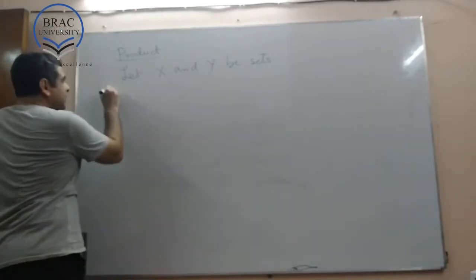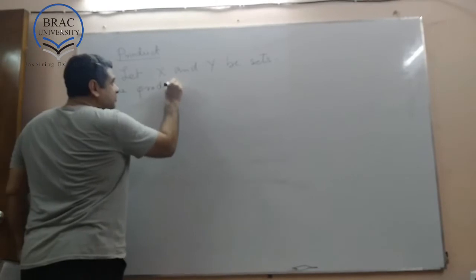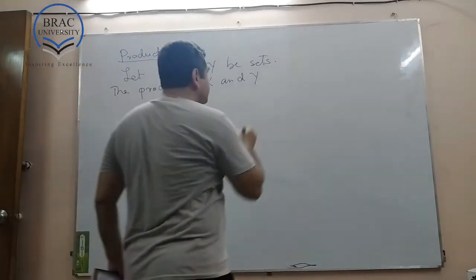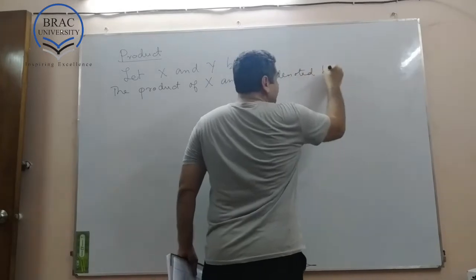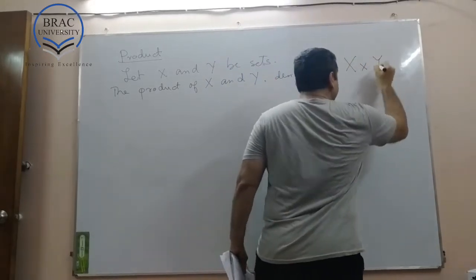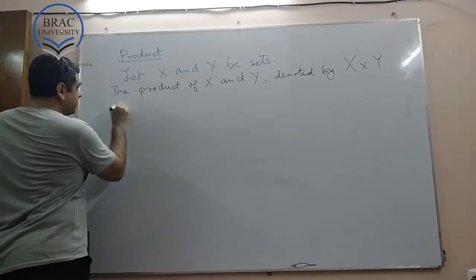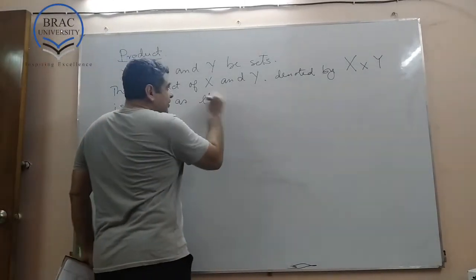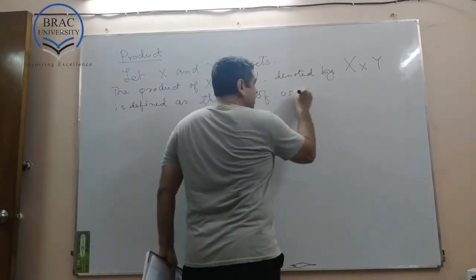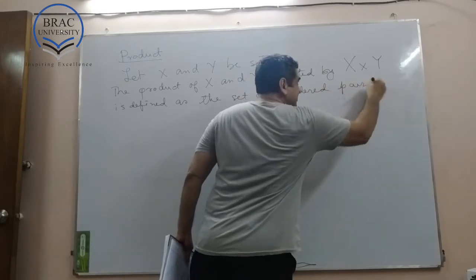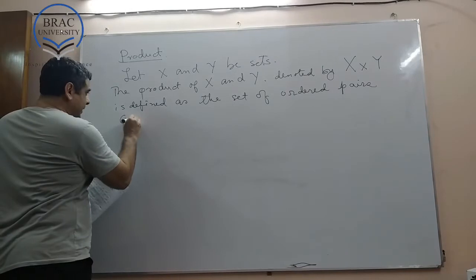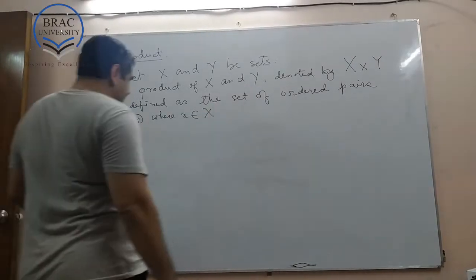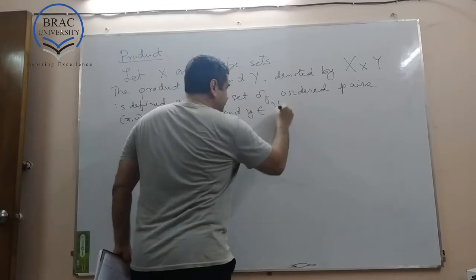The product of X and Y, denoted by X cross Y, is defined as the set of ordered pairs (x, y), where x is in X and y is in Y.